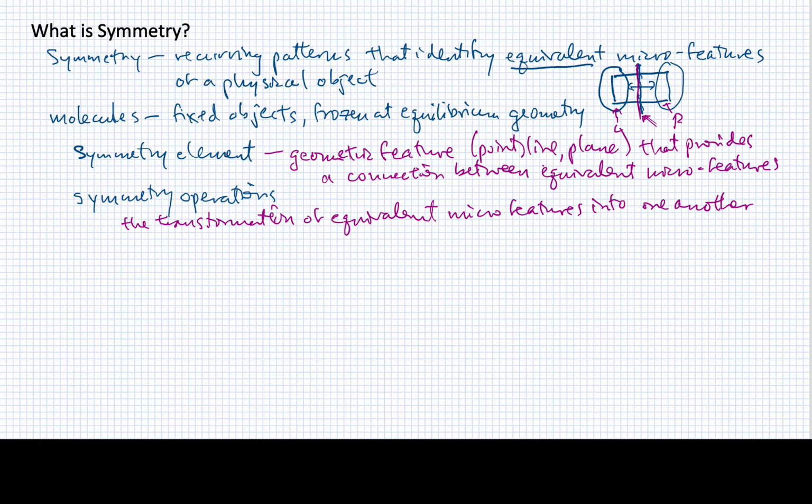The act of reflecting one side to the other side is the symmetry operation. It may seem like it's silly to define these as different, but we'll see that in fact the symmetry element is going to be different in the sense that it is a geometric feature. In this case, it's a plane. A symmetry operation is actually something that moves the atoms, even if hypothetically, to a new location in the molecule.